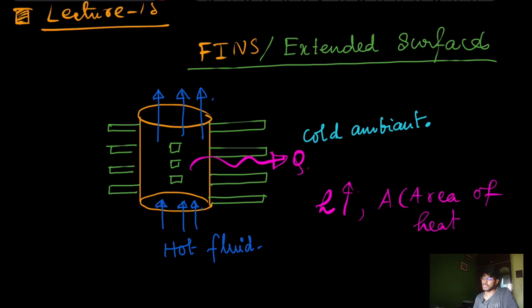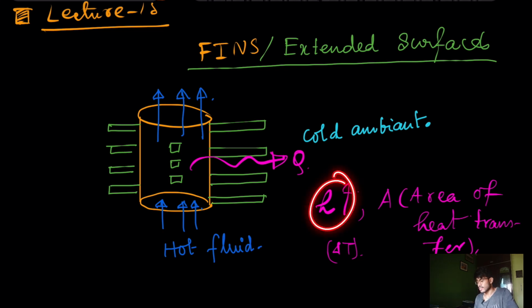That means you have to judge in which area the heat transfer is happening. You can also play with the delta T, but delta T is not in our hand, that is already given by the problem. We can play with this h and this A somehow.